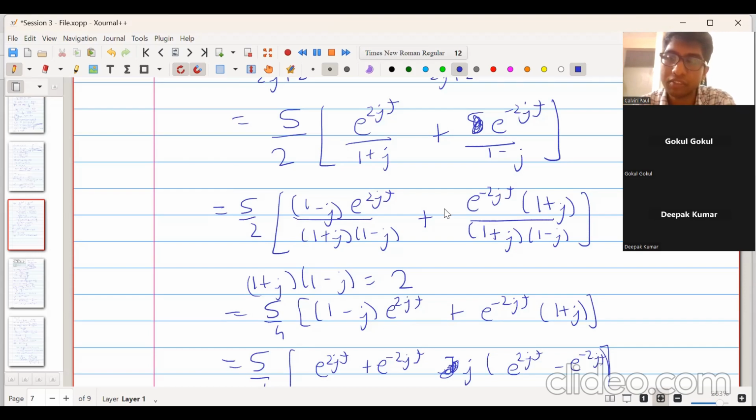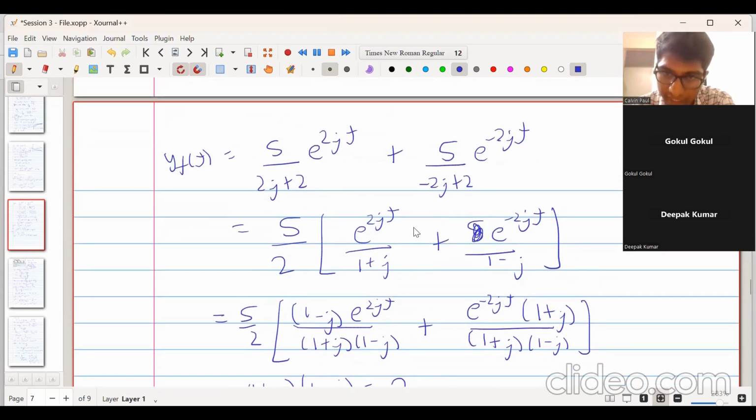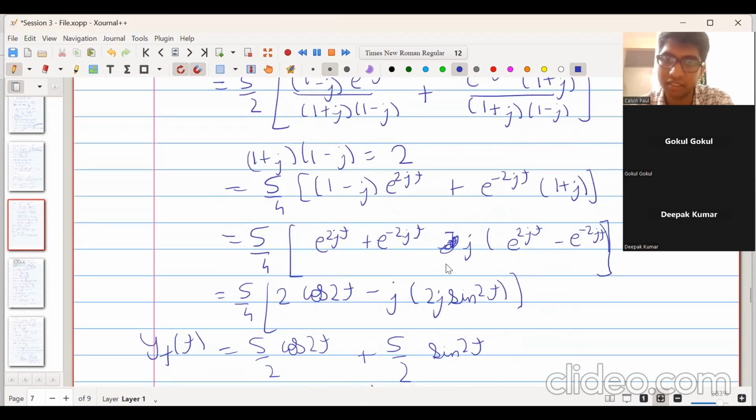And also, the matter of silly mistakes. We make lots of silly mistakes. Like 1 plus j, 1 minus j, something like this: instead of plus, we do minus. Those silly mistakes are very hard to get rid of. So what they recommend is you must practice. As you practice, you will get rid of your silly mistakes.